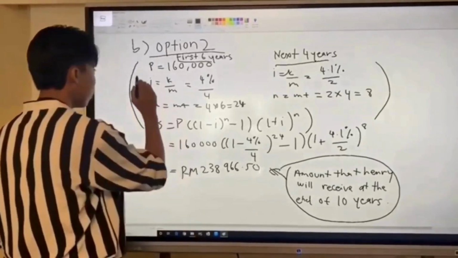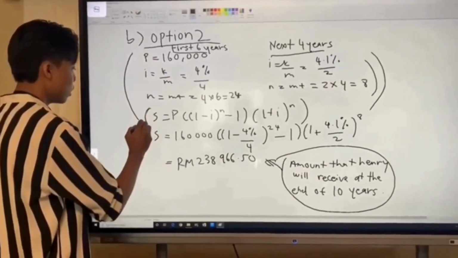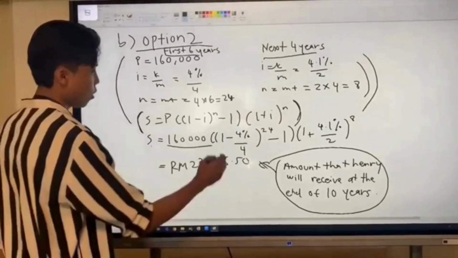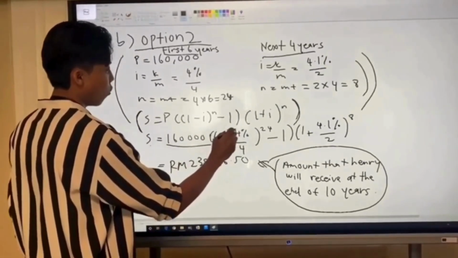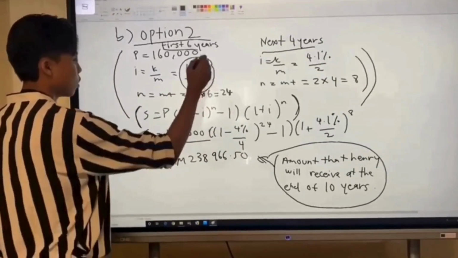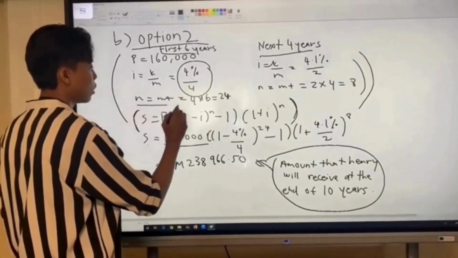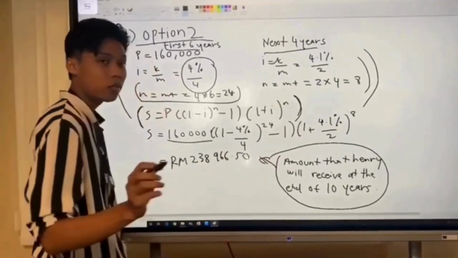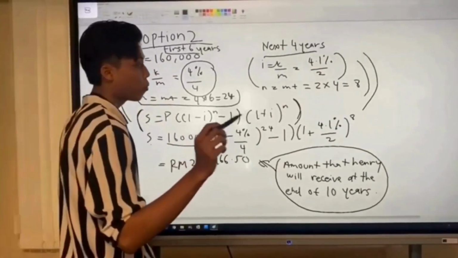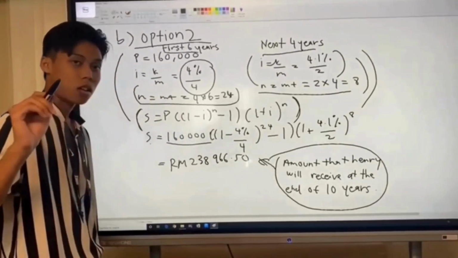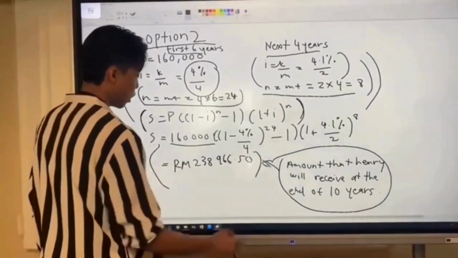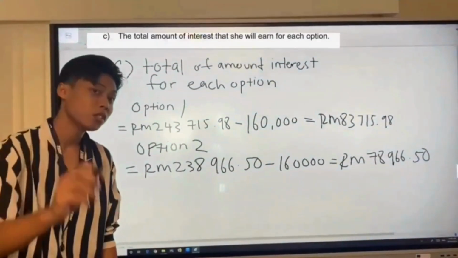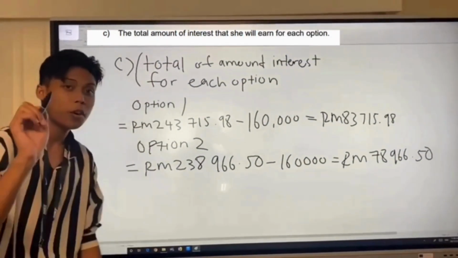We just need to transfer all of this information into this formula, which is S equals P. P is 160,000, in brackets 1 minus 4% divided by 4, to the power of 24, and in brackets 1 plus 4.1% divided by 2, to the power of 8. Then we just use our calculator, and we will receive RM238,966.50.